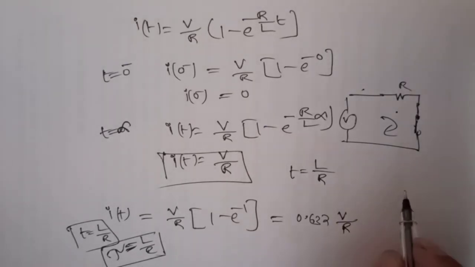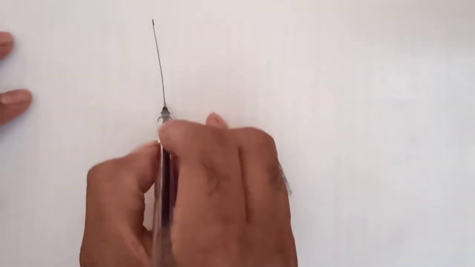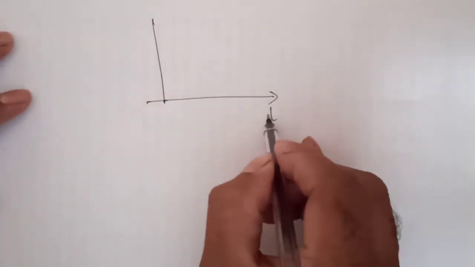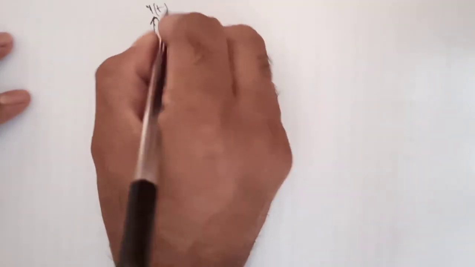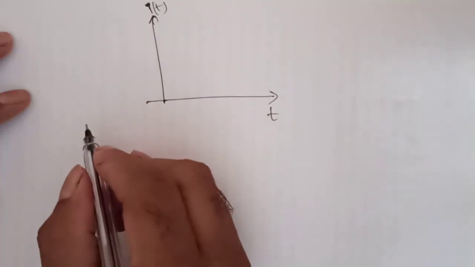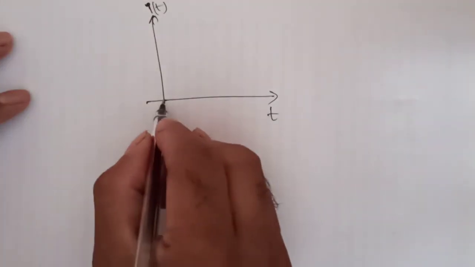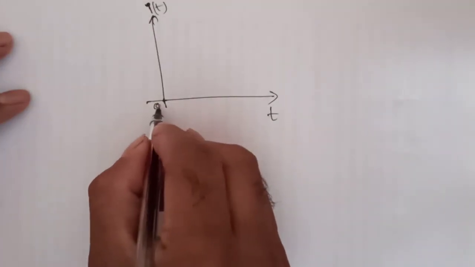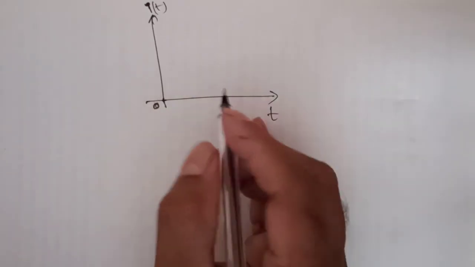the actual value. So if you place all these concepts in the graph with respect to t, and this is the I of t. Initially at t equal to 0 the current is 0.